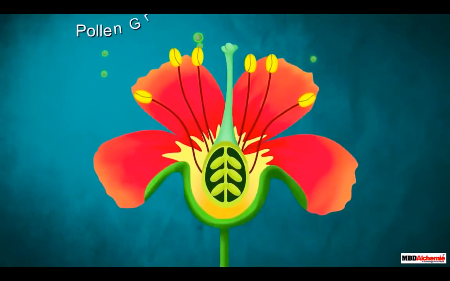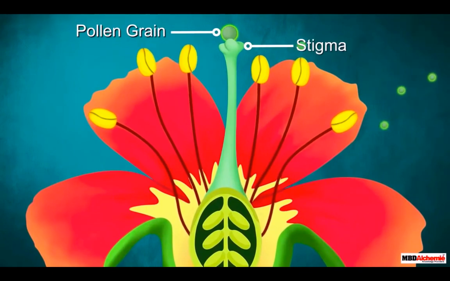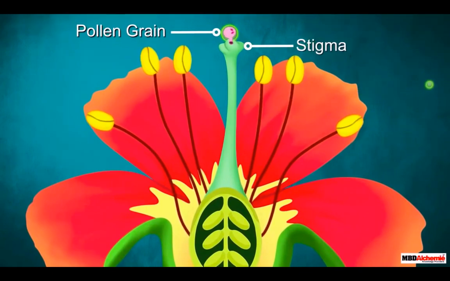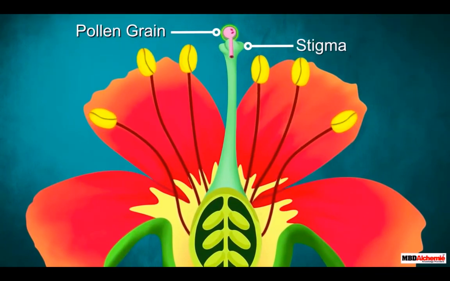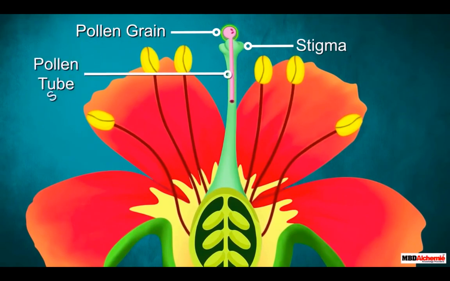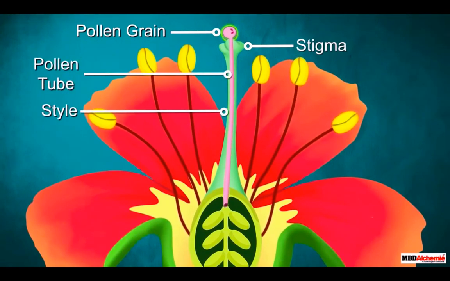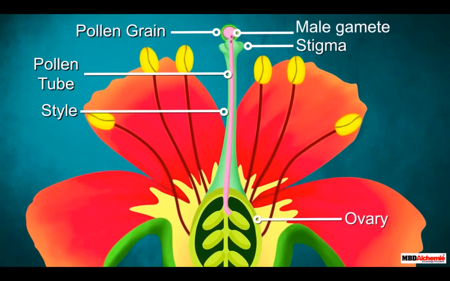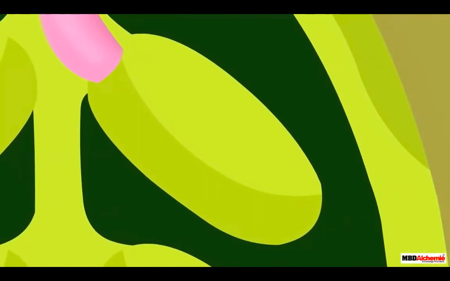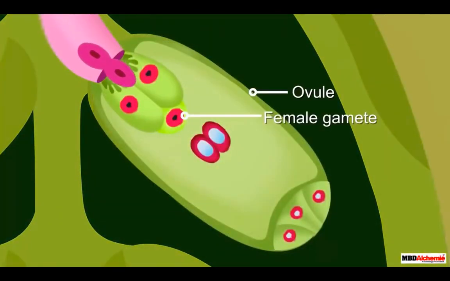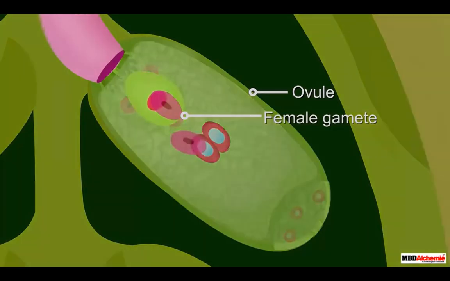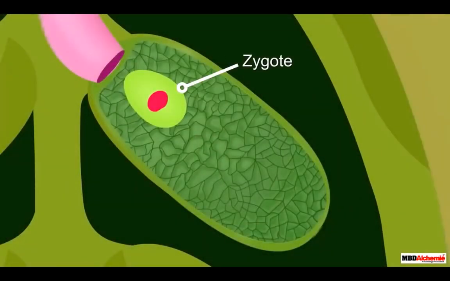Once a pollen grain reaches the stigma of a suitable flower, a tube grows from the pollen grain. This tube travels through the style and reaches the ovary. The male gamete from the pollen travels in this tube and reaches the female gamete present in the ovule of the ovary. After that, the male and the female gamete fuse together to form the zygote.